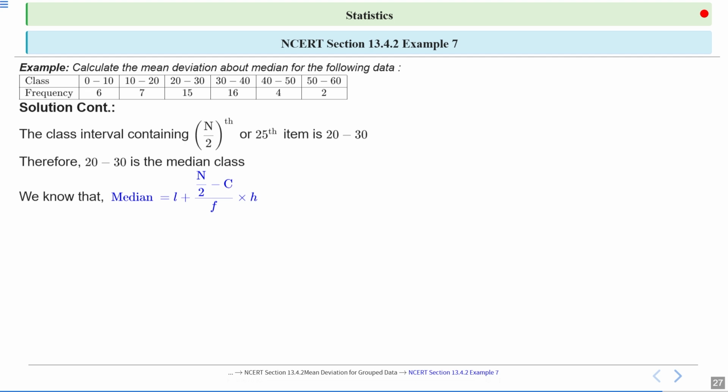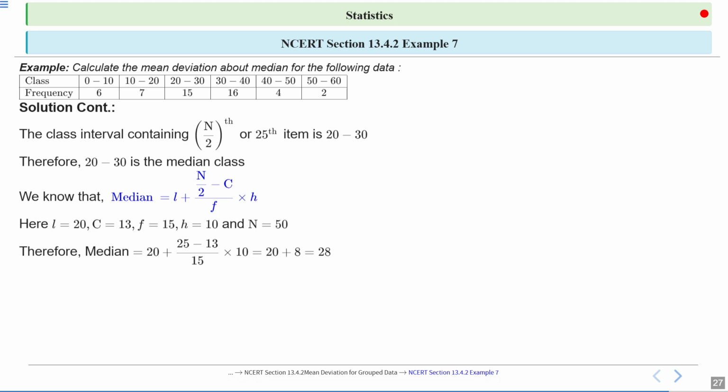Now, let's recall the formula for the median in a continuous frequency distribution. The formula is median equals L plus (n by 2 minus C) divided by F, multiplied by H. Here, lower limit L is 20, cumulative frequency C equals 13, F equals 15, H equals 10, and n equals 50.